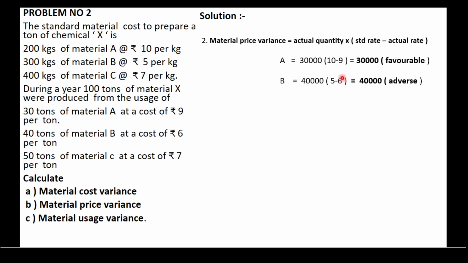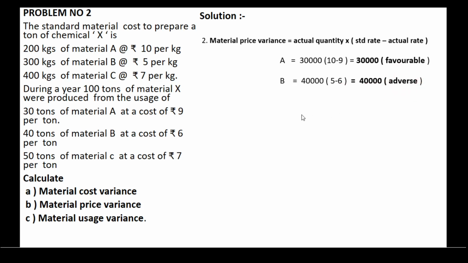So here the actual rate is more than the standard rate. So that's why it will become adverse. So 40,000 into 5 minus 6, that is minus 1. So 40,000 into minus 1, that is minus 40,000. So it is called adverse.